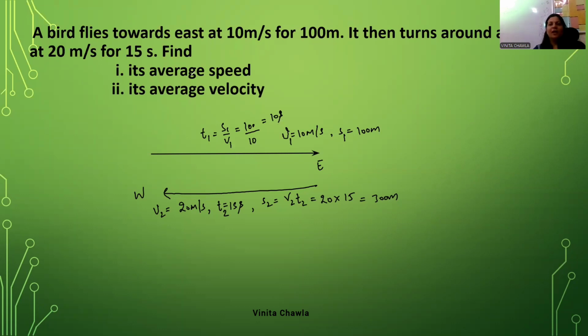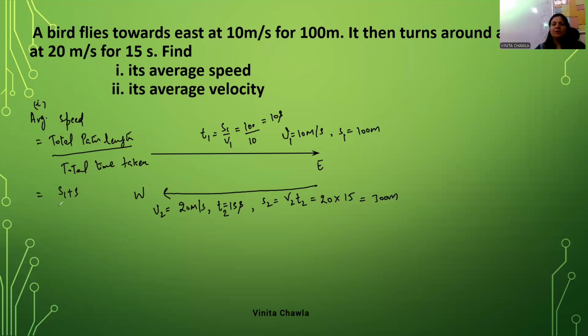Now we have to find average speed. Average speed is total path length divided by total time taken. Properly write it step by step. You're not writing steps, I guess. Total path length is S1 plus S2 and total time taken is T1 plus T2.